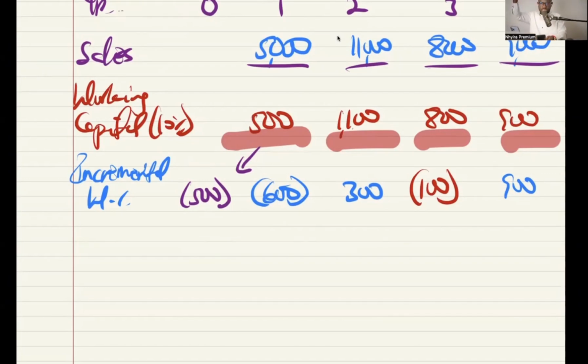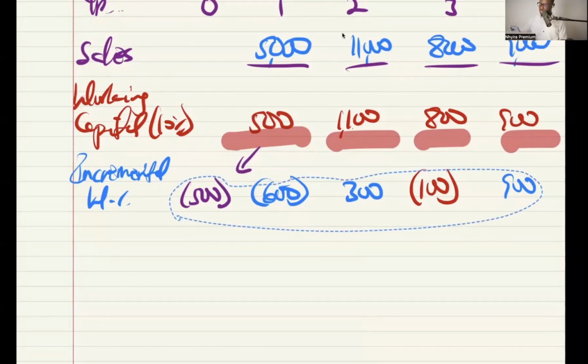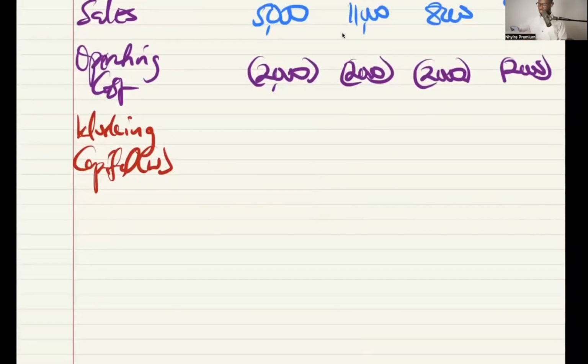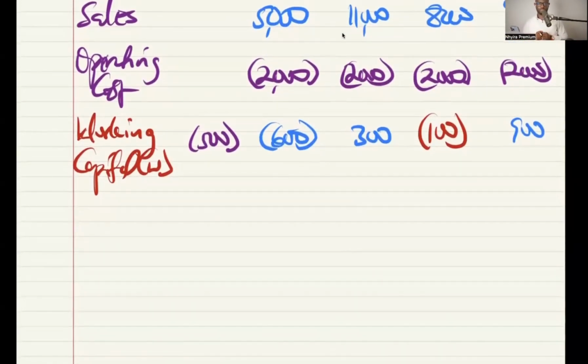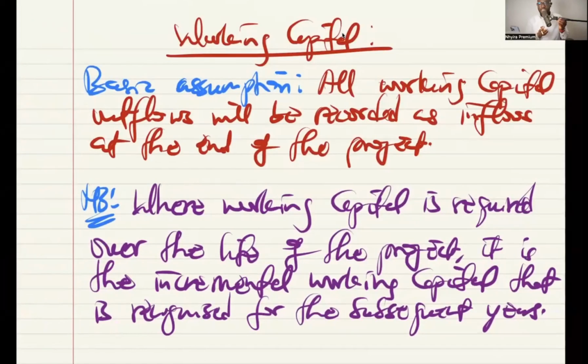That will come as an inflow at the end of the project. So this is what we now take as our working capital to the NPV schedule.